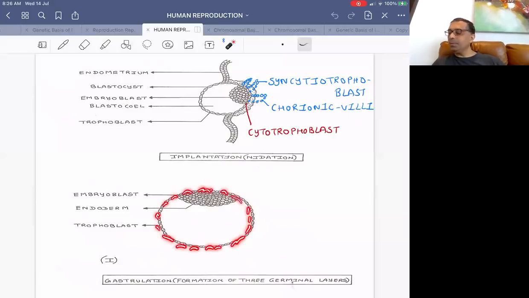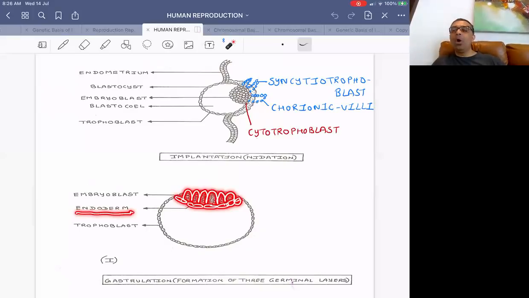Trophoblast, embryoblast, the lowermost layer of embryoblast, flat, endoderm or hypoblast. Remaining cells become tall columnar.